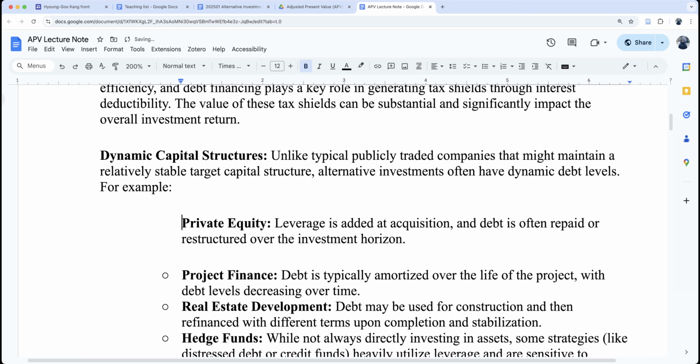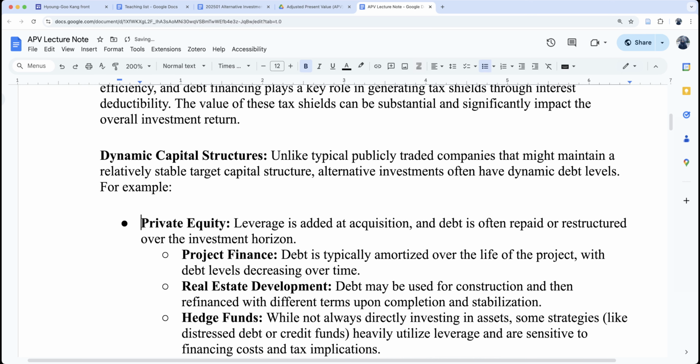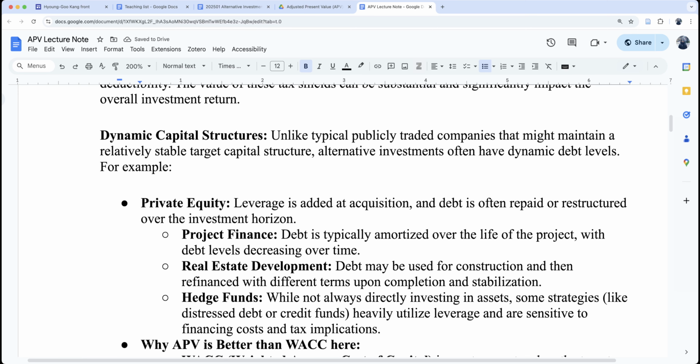First, private equity. Leverage is added at acquisition, and the debt is often repaid or restructured over the investment horizon. For private equity, how to use debt is one of the core strategies of value creation.